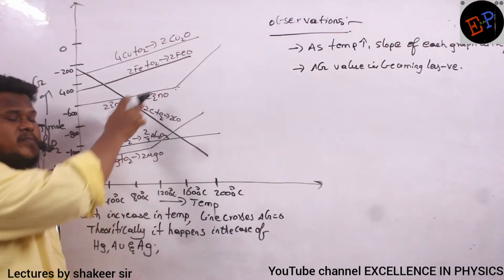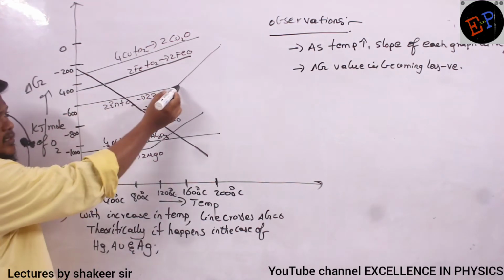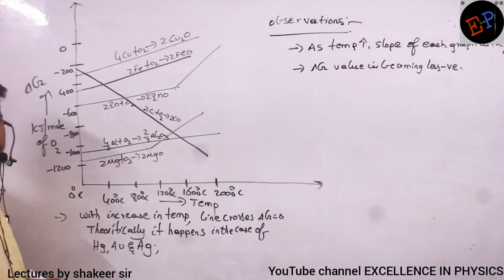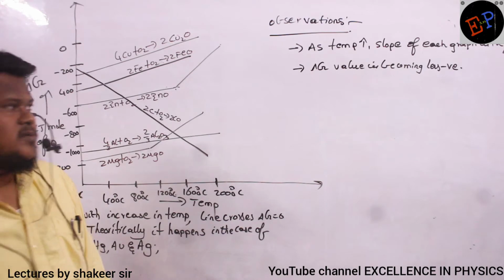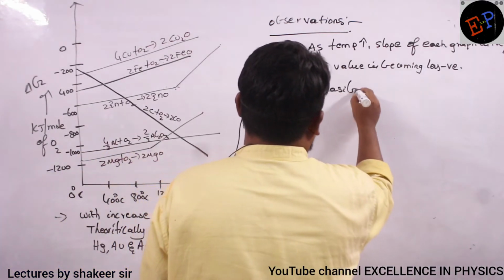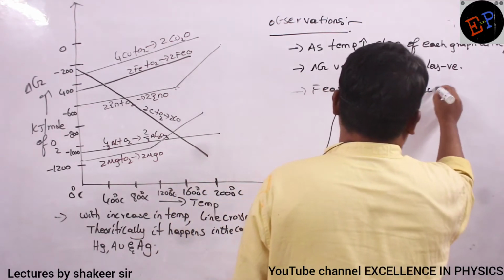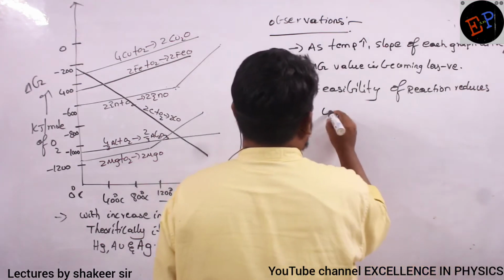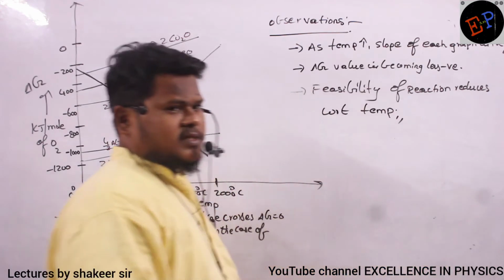Here it is 600, but here it is approximately 450. So the delta G value is becoming less negative. Therefore, the feasibility of the reaction reduces with respect to temperature. This is one more point which I can see.